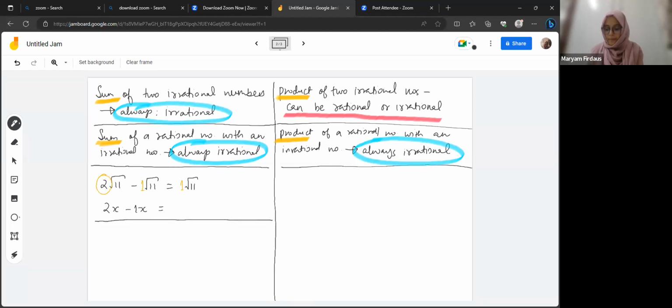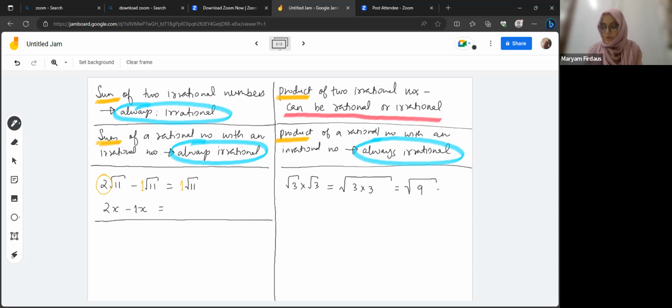Okay. Now let's do one on multiplication. When you have, let's say, root 3 into root 3, only when it's multiplied can the root be taken in common. You can write this as root 3 multiplied by 3, which is root, what is 3 into 3? 9.